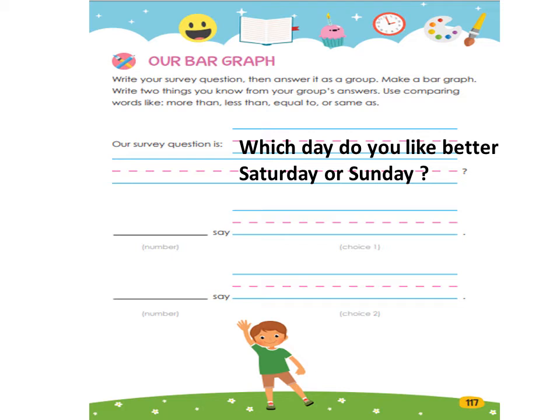Unfortunately, we are not in the class, so I will choose. How many choices do we have? If you answer this question, you will say Saturday or Sunday. No other answer. You have to choose one of them. So I have 2 choices. The first choice is Saturday, and the second one is Sunday.